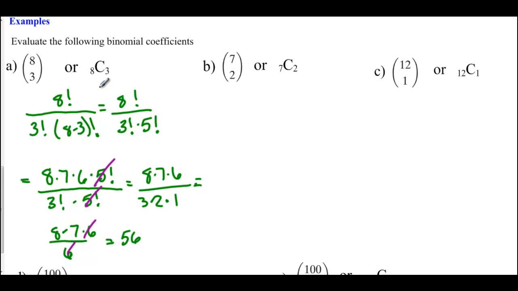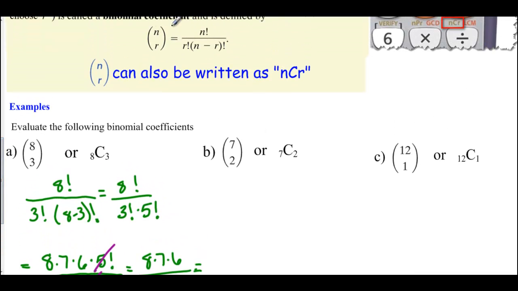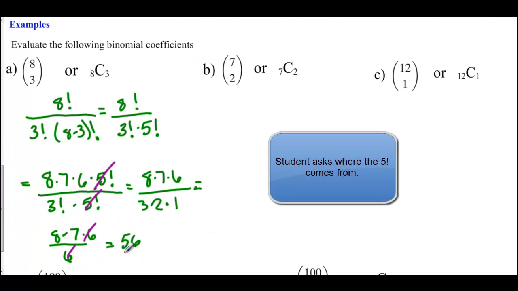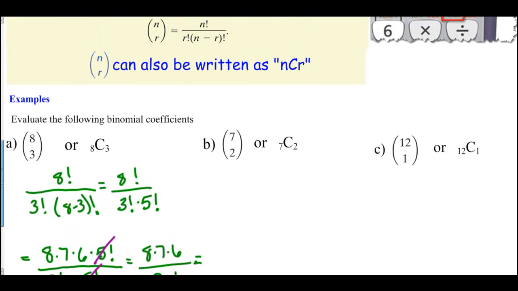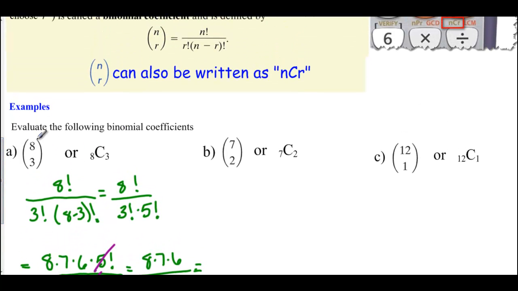Do you understand this process here, as far as just plugging the numbers into this formula? At the very beginning, it's telling us to take our n, or our top number. We do n factorial on top, so we're going to have 8 factorial on top. And then on the bottom, it wants that bottom number factorial, so that 3 factorial.